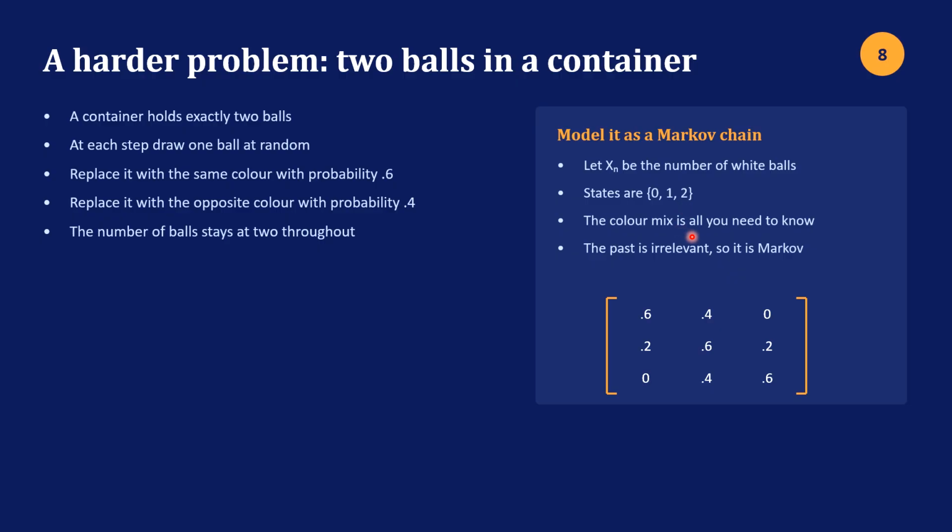The color mix is all you need to know. And as I mentioned, the past is irrelevant, so it has the Markov property. And I have our transition matrix here. If you want to compute this as an exercise, I would pause the video here, and I'll come back in a second and give you the explanation of why these probabilities are what they are.